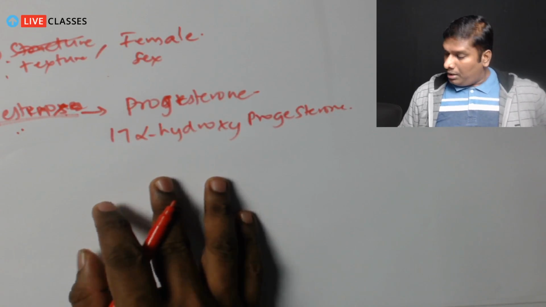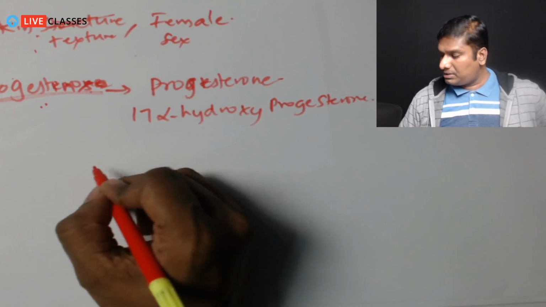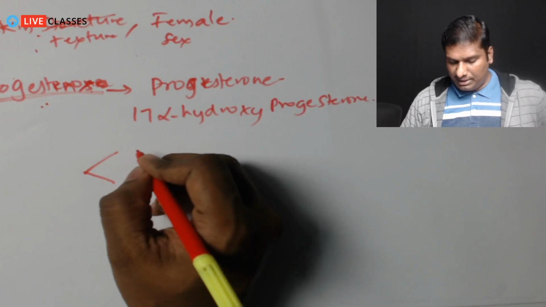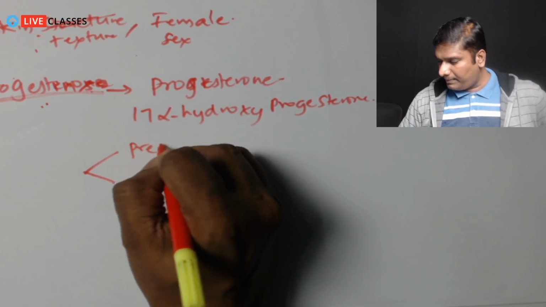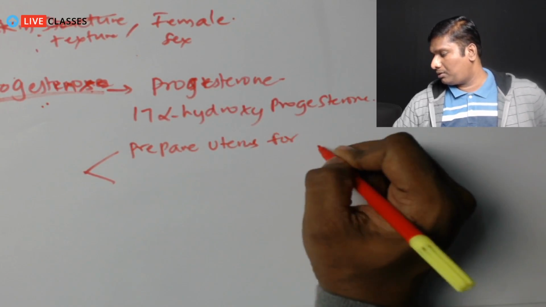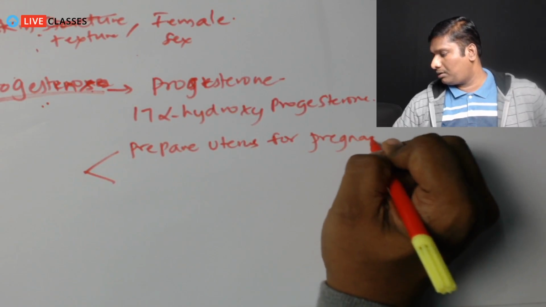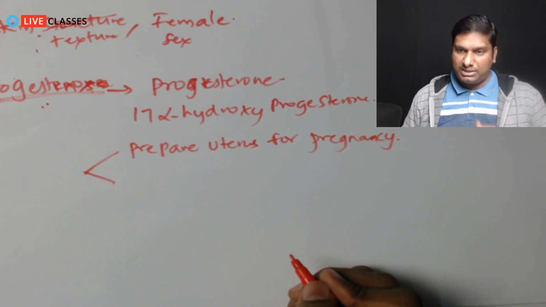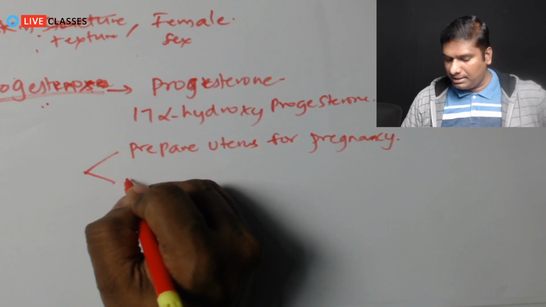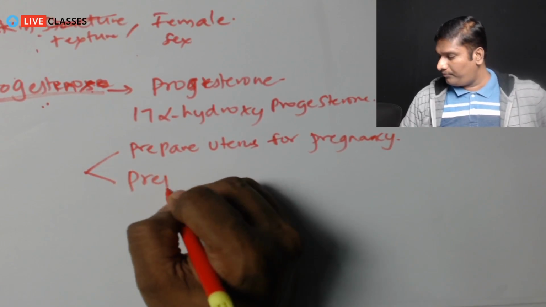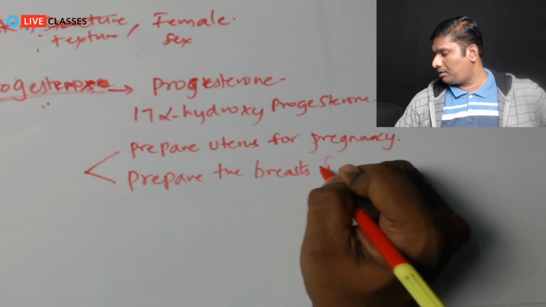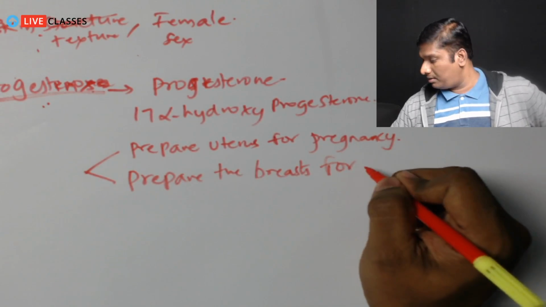Now the progesterone has only two major roles, just two. The first one is to prepare the uterus for pregnancy, to make everything ready. The second one is to prepare the breast for lactation.